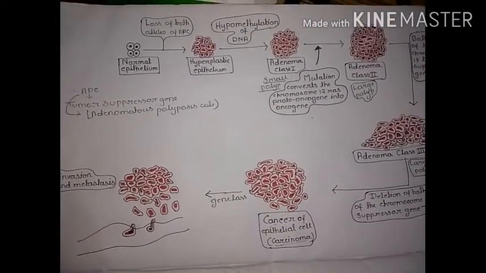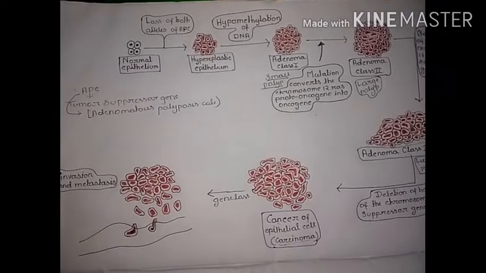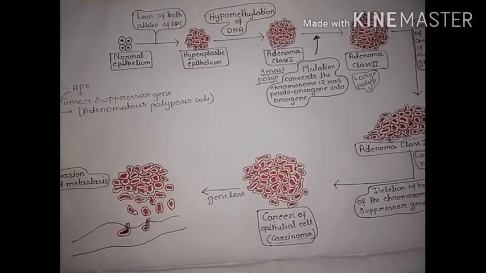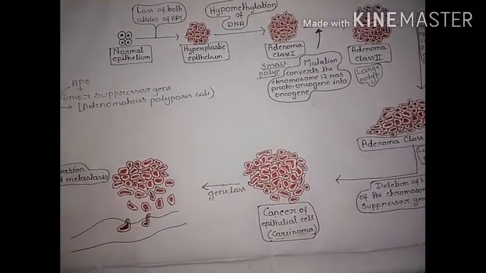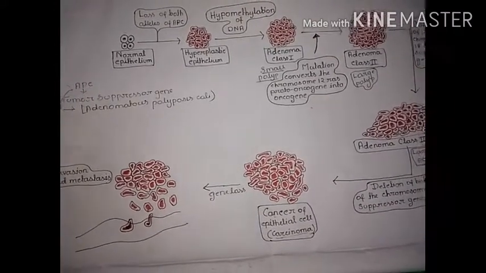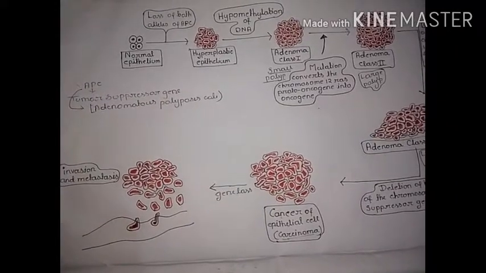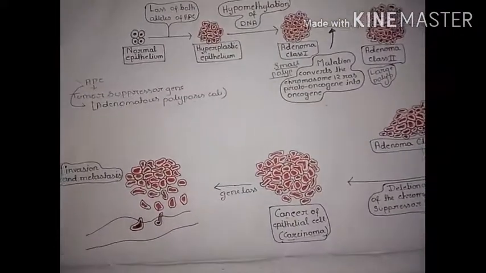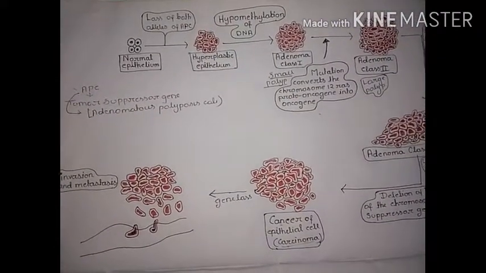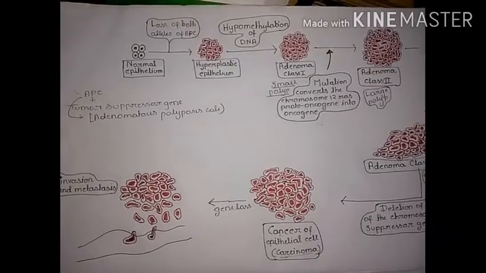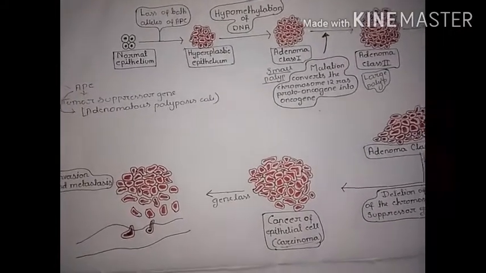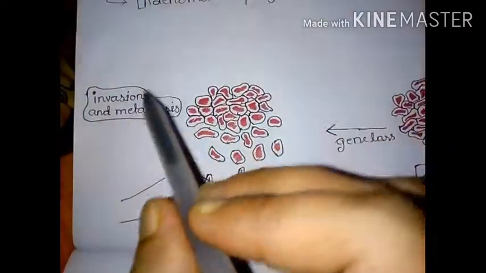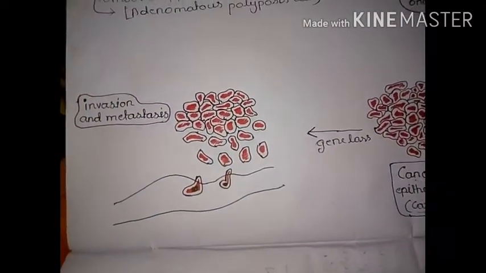But in the case of a proto-oncogene, a single mutation or single allele mutation is enough to transform a normal cell into a cancer cell. So this is the whole process of how a normal epithelial cell transforms into a metastatic cell and invades the surrounding tissue.